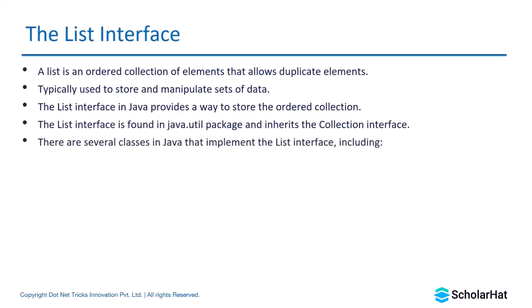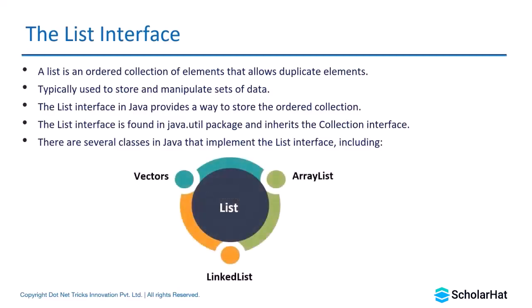It is further implemented by several classes like ArrayList, LinkedList class, and Vector class. As I told you, we are already using the ArrayList class. So basically, as per the requirement, we use Vector, ArrayList, or LinkedList. The most appropriate and most commonly used is the ArrayList.